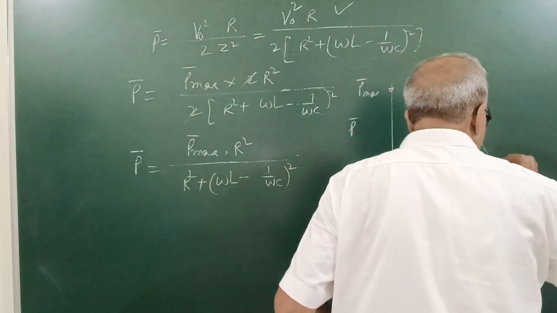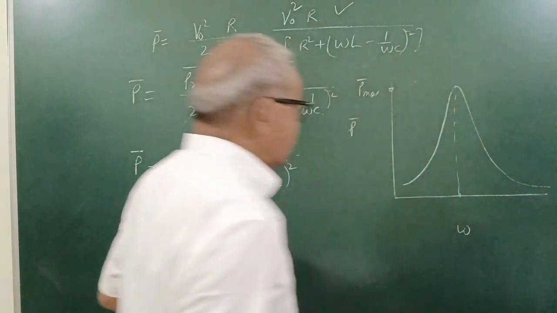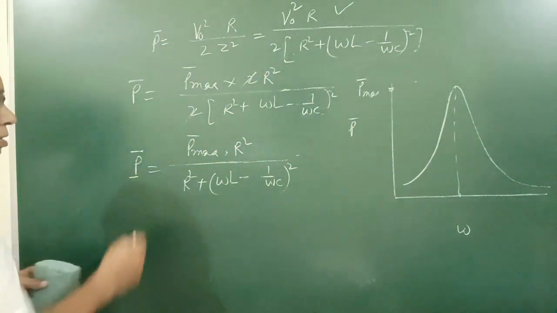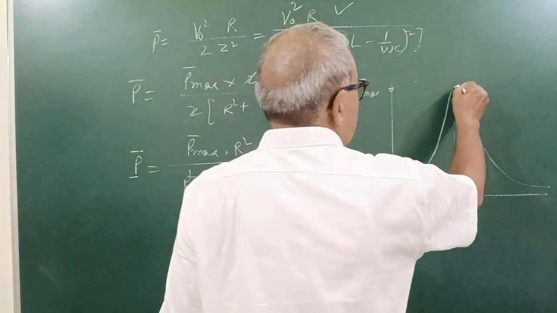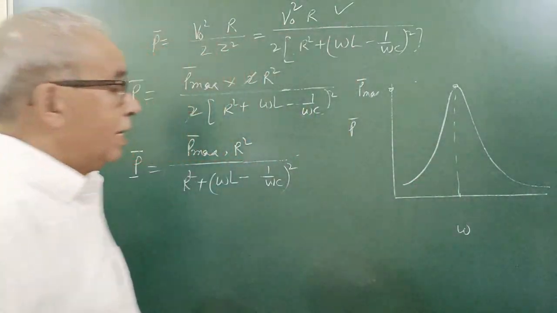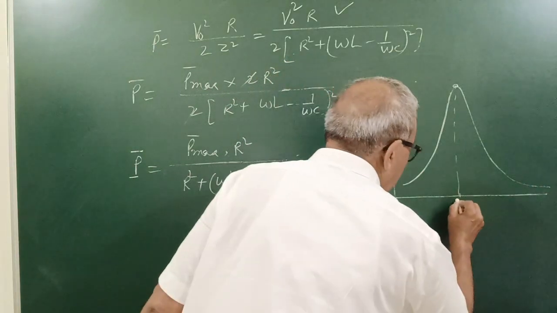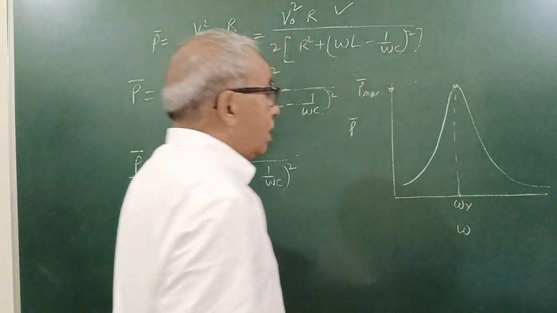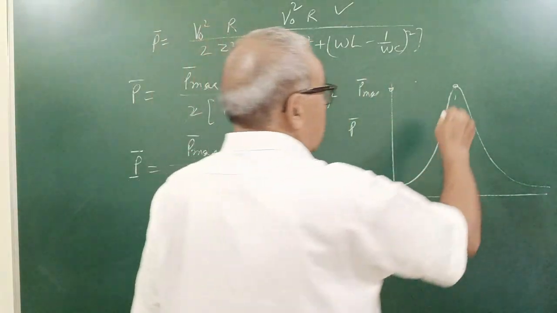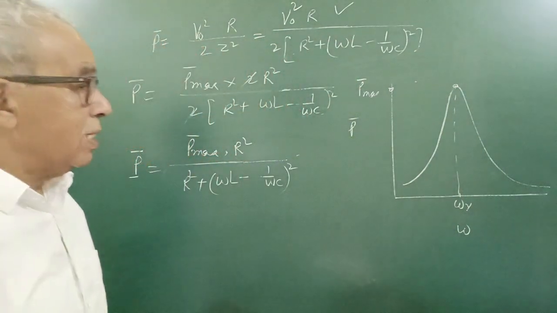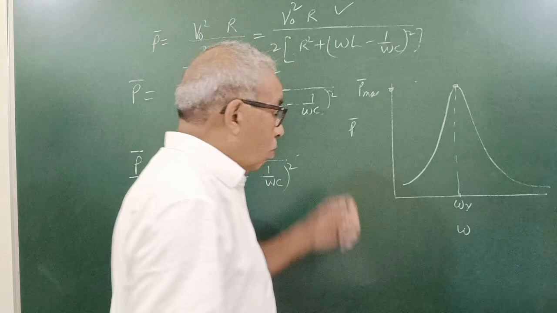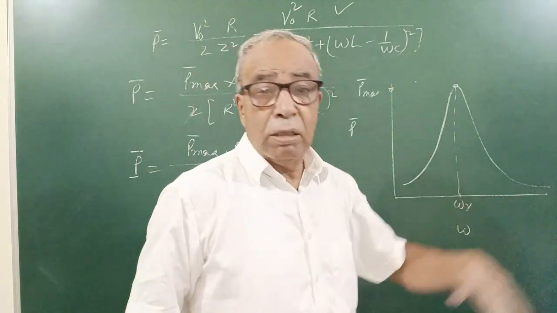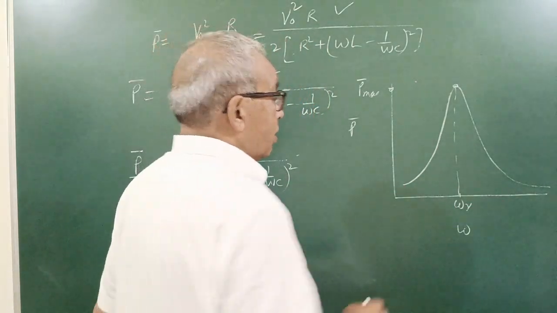If you plot a graph between omega and P bar, we get a graph like this. It is maximum at omega equal to omega r, and then falls very sharply as the frequency is lower than omega r or increases beyond omega r.